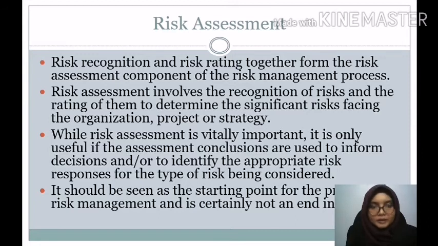While risk assessment is vitally important, it is only useful if the assessment conclusions are used to inform decisions or to identify the appropriate risk response for the type of risk being considered. It should be seen as a starting point for the process of risk management and is certainly not the end of risk management.